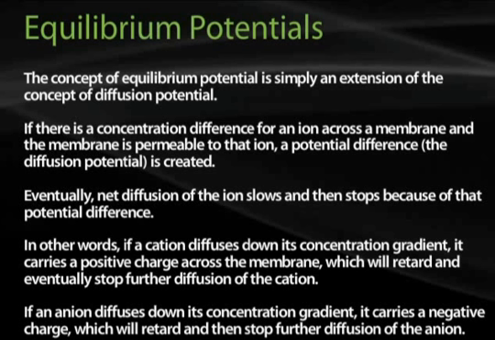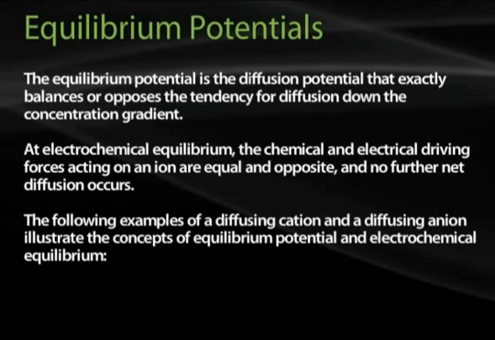In other words, if a cation diffuses down its concentration gradient, it carries a positive charge across the membrane, which will retard and eventually stop further diffusion of the cation. If an anion diffuses down its concentration gradient, it carries a negative charge, which will retard and then stop further diffusion of the anion.